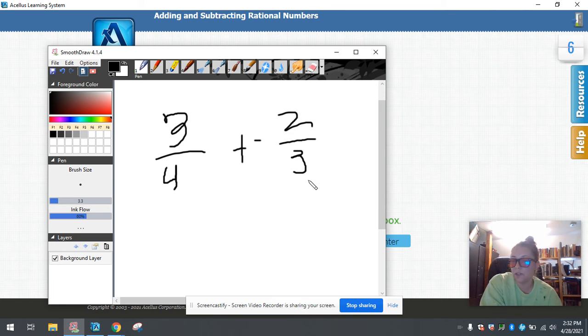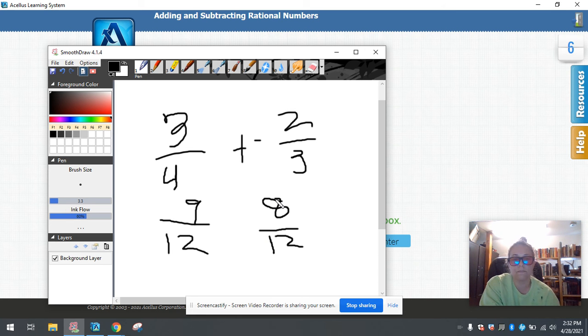We're going to multiply the denominators and cross multiply. 4 times 3 is 12. 3 times 3 is 9. 4 times 2 is 8. Adding a negative is the same as subtracting a positive. The denominator stays the same. 9 minus 8 is 1. So we get 1/12.